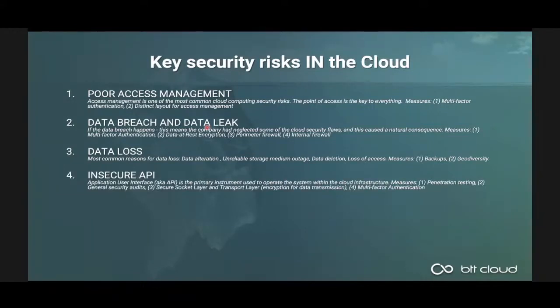Fourth risk is insecure API. Application programming interface is one of the most important stuff in cloud, because if I want my Microsoft application to talk with my web application running in Google Cloud, and maybe Active Directory running in my on-premise infrastructure, all those services and systems will be communicating with each other using APIs.